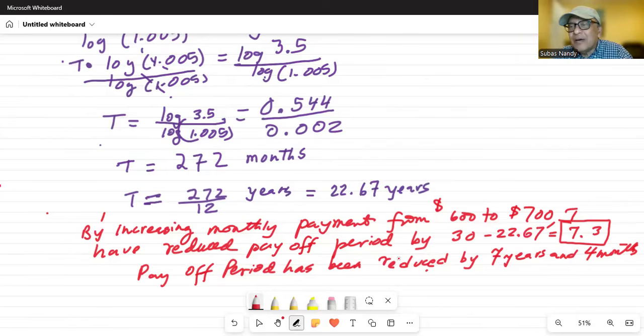Here I showed you an example. You borrowed 100,000 at 6% annual interest rate. Your payment schedule was $600 a month. You increased it by $100. You reduce your payoff period by more than 7 years. Got that straight?